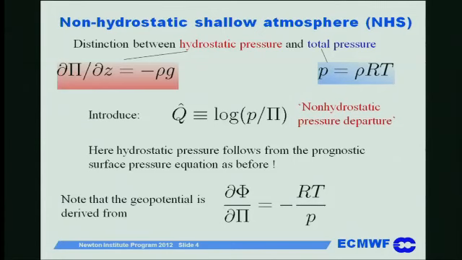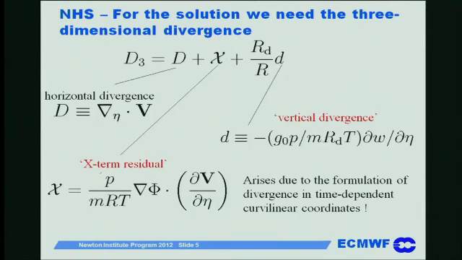The geopotential in the system is derived from RT over P, whereas in the hydrostatic system it would be derived from RT over pi. This system is the NHS, or non-hydrostatic shallow atmosphere, so let's not worry about the deep atmosphere for the moment.